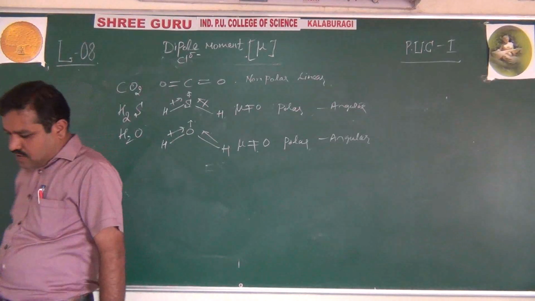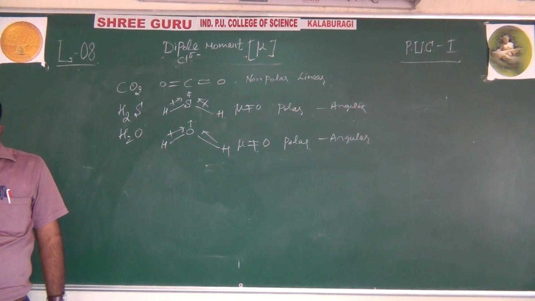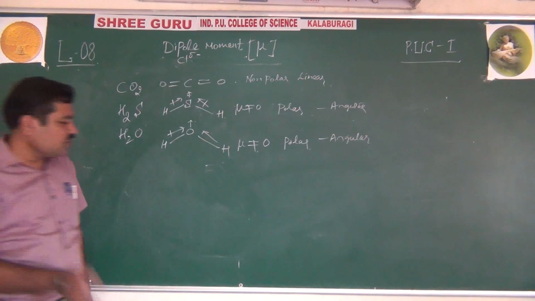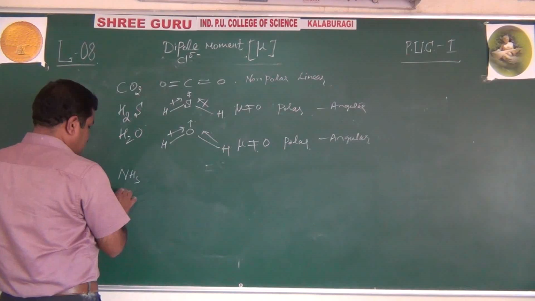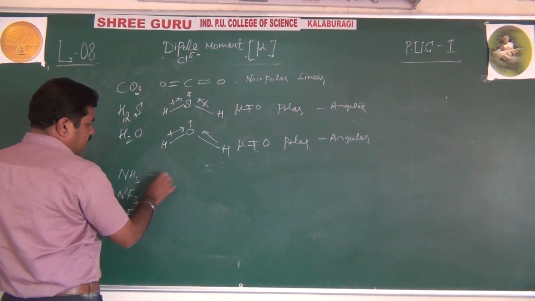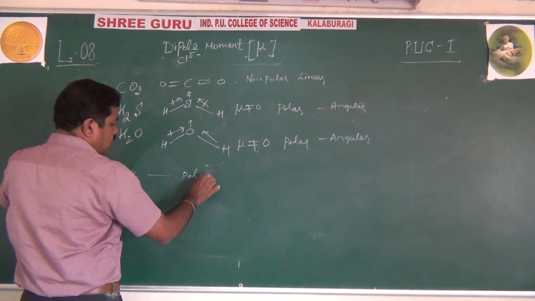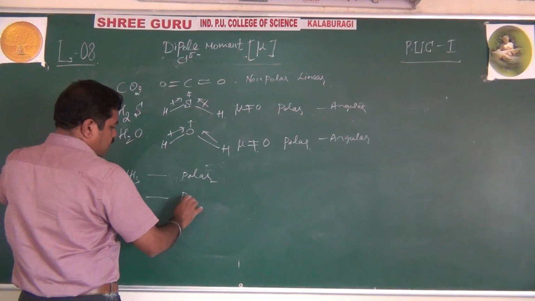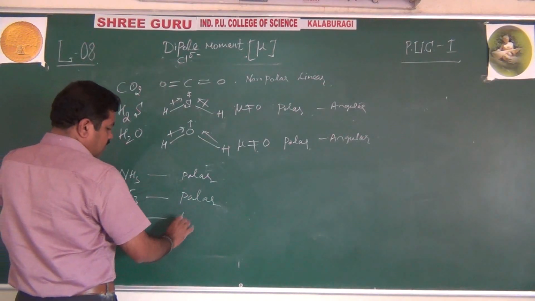Got it? After this AB2 type, we have NH3, NF3 and BF3, which you already studied. NH3 is polar, NF3 is also polar, and BF3 is non-polar.